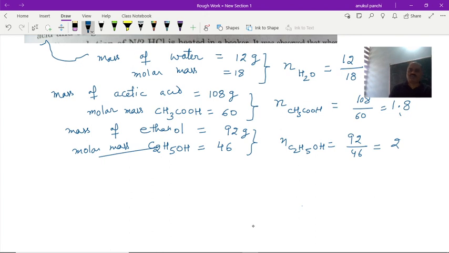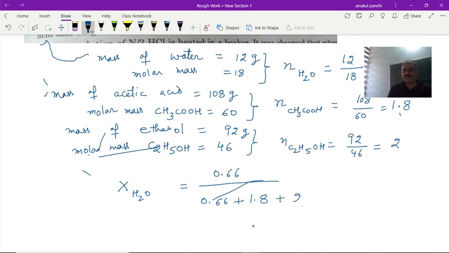Now you can get their mole fractions very easily. For example, the mole fraction of the first component, that is water, will be equal to the number of moles of water divided by the sum of the number of moles of all the components, that is 0.66 plus 1.8 plus 2.